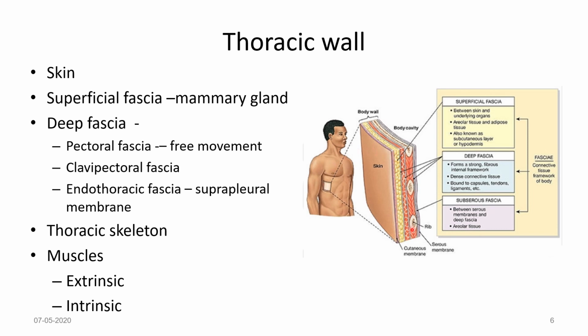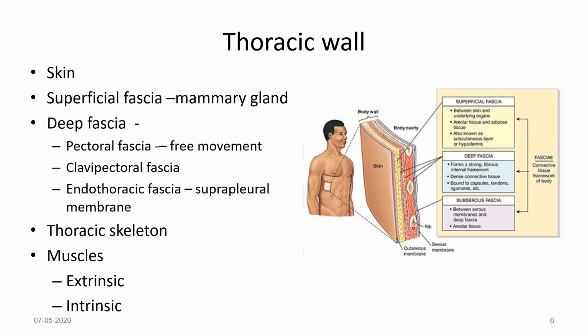Internal to the wall, there is the endothoracic fascia, and the same endothoracic fascia towards the apex of the lung will be covering the cervical pleura, covering the apex of the lung, and that part of the endothoracic fascia is called the suprapleural membrane.